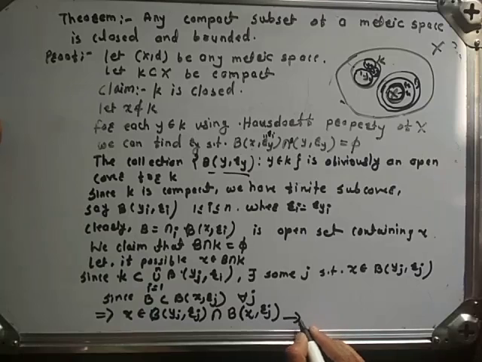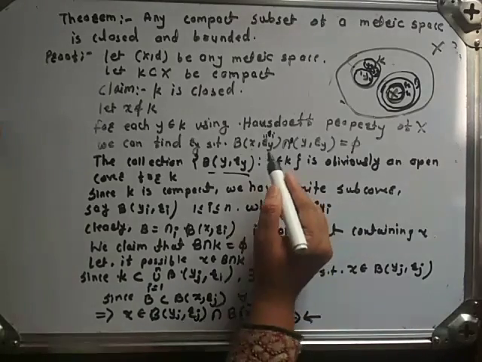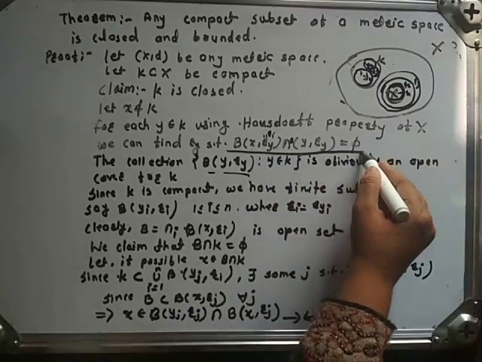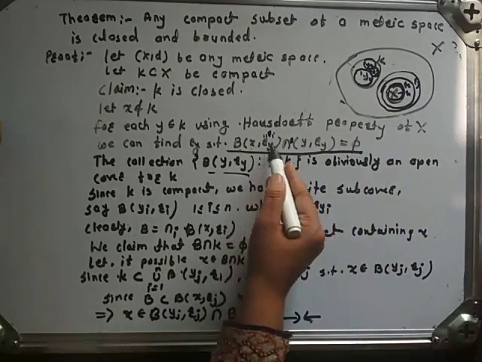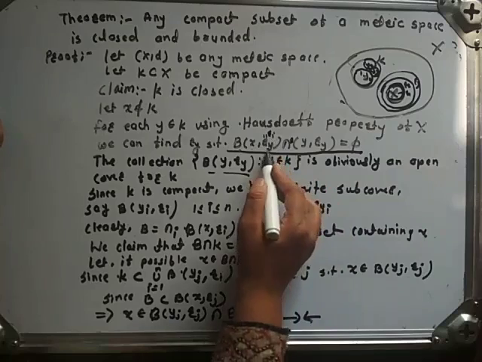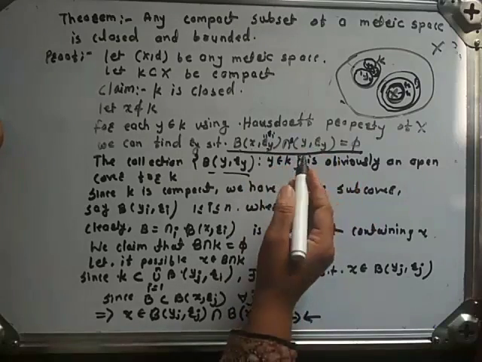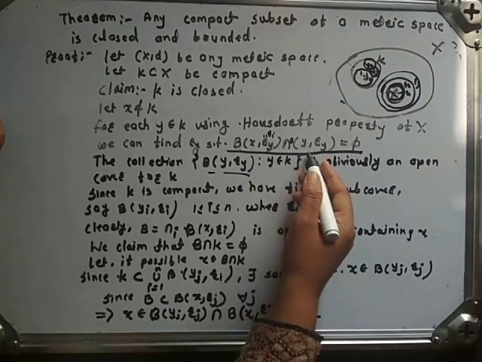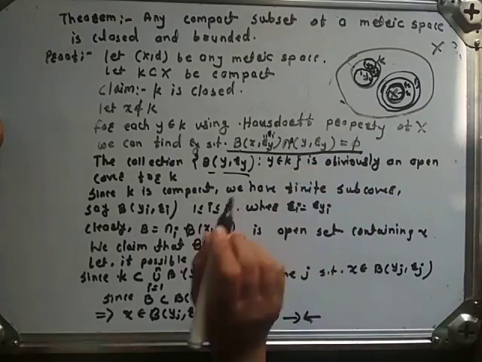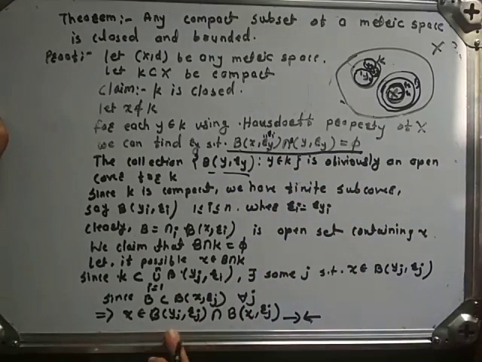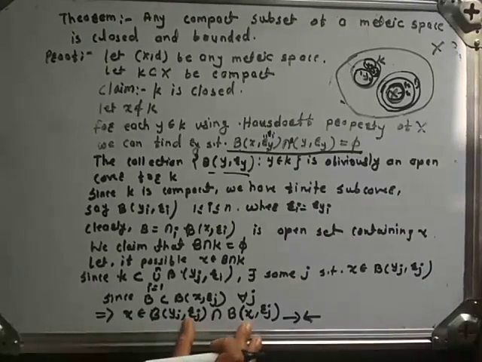But this is a contradiction. Why? Because B of x comma Rj intersection B of yj comma Rj is equal to empty set, and here we get x belongs to this intersection, so this is not possible.